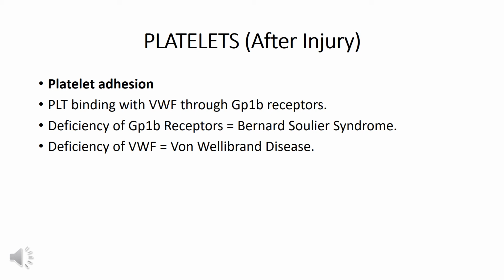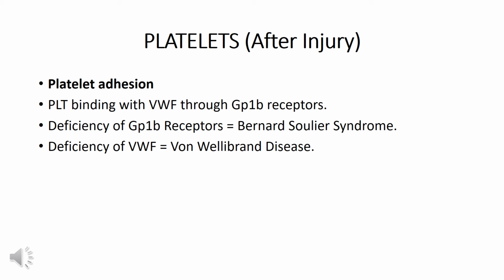When GP1B binds with von Willebrand factor, it can participate in primary hemostasis plug formation. A genetic deficiency of GP1B is Bernard-Soulier syndrome, and the deficiency of von Willebrand factor is known as von Willebrand disease.